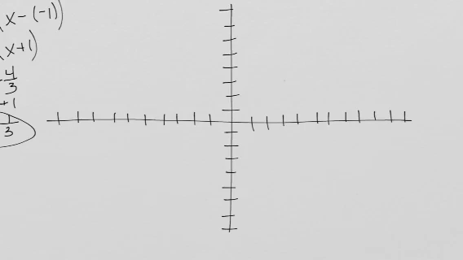My y-intercept is at negative 10/4, which is negative 2.5. I know that I'm going to go up 3 and over 4, and I can connect the dots.